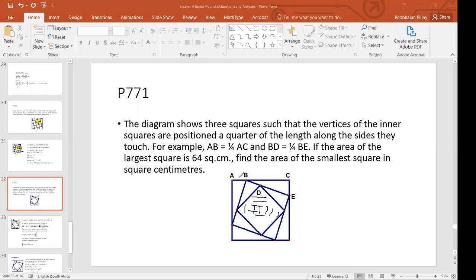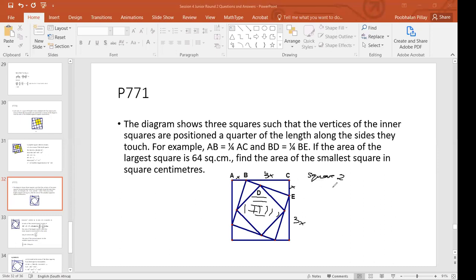So to find that ratio, if you call this x here, this will have to be 3x because it's a quarter, and this x here, and this will be 3x. So what is BE squared? That is the area of the square. You've got square 1, the largest one.